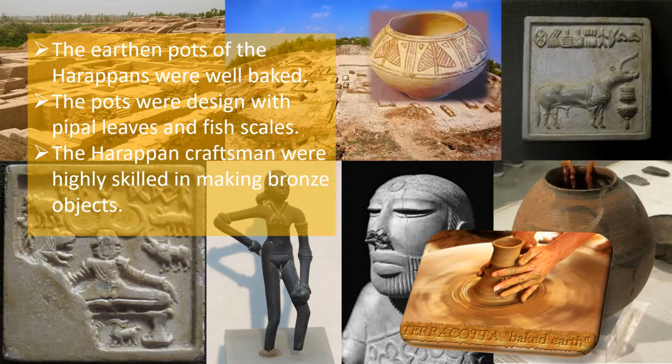When tapped, these pots produce a metallic sound, meaning when they are tapped with the palm, they produce a metallic sound. The Harappan craftsmen were highly skilled in making bronze objects and beads from semi-precious stones of various colors.